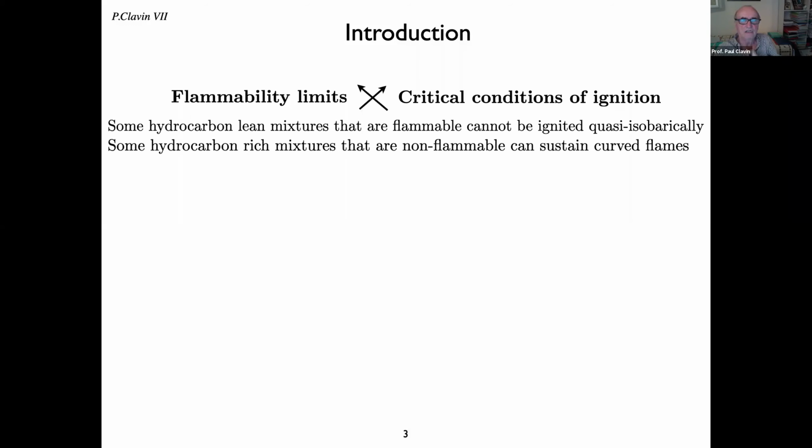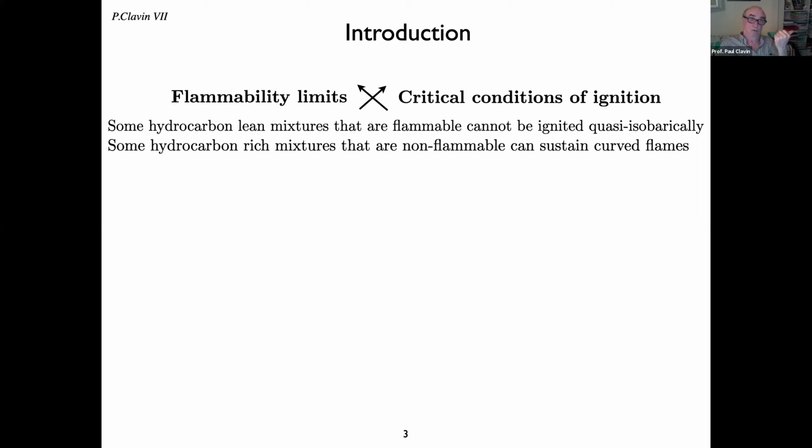So the very important problem is that the flammability limits concerning planar flames, concerning the concentration beyond which a planar flame does not exist, do not correspond to the critical condition for ignition. Some hydrocarbon lean mixtures that are flammable cannot be ignited at all in a quasi-isobaric manner.